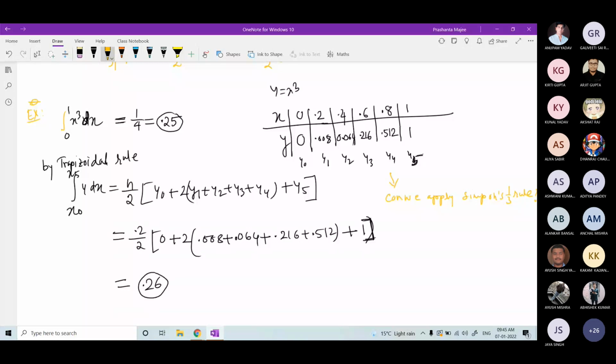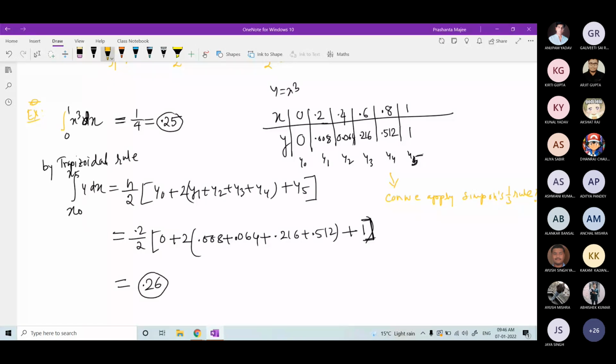No sir. Why not? Even है. हाँ, Even data point है. इवन डेटा पॉइंट्स है, इसमें और डेटा पॉइंट्स होना चाहिए था. देयर शुड बी इवन नंबर ऑफ सब इंटरवल्स. So that is why you cannot apply Simpson's 1/3 rule here.